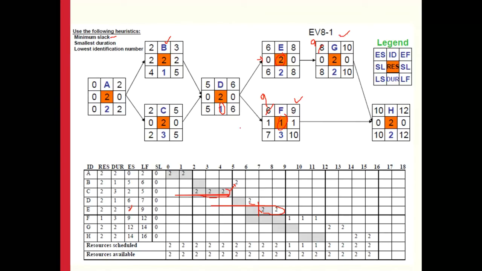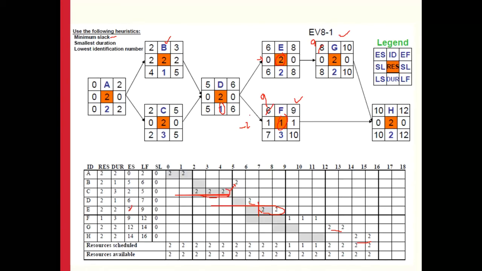Based on this, the slack appears lower for F, so we would decide to work on activity F first, followed by activity G, and towards the end we have a milestone activity H, which doesn't require any resource.